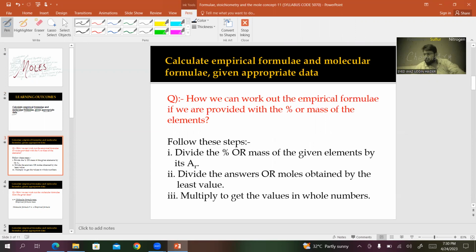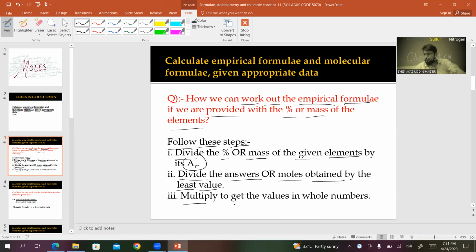Now here's a recap. Whenever we need to work out the empirical formula, we will be provided with the percent of mass of the elements. We have to follow these steps. Divide the percent of mass of the given elements by its AR. Divide the answers or moles obtained by the least value.